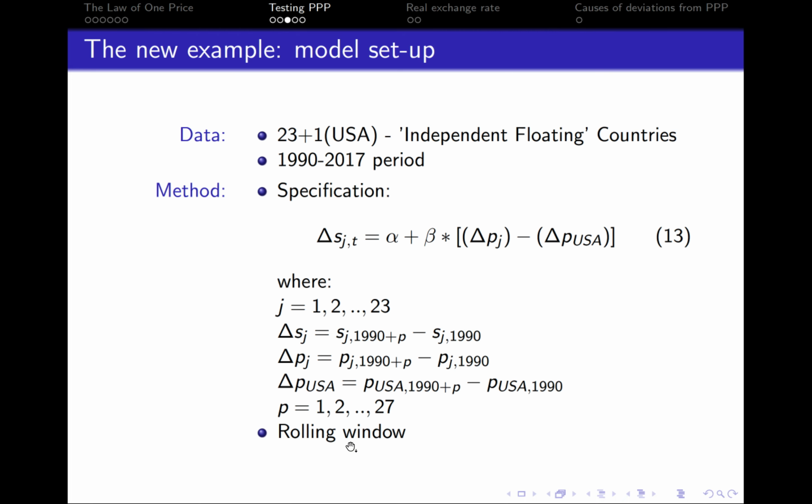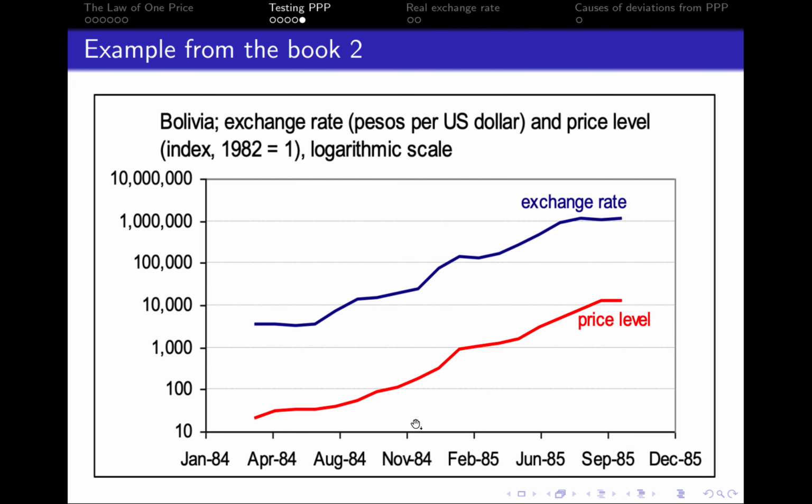And this is exactly what we see on this graph. Here is the price level. This is a logarithmic scale, so you can read the growth rate of inflation from the slope, and you see how fast it was going. This is the price level in logarithms in Bolivia, and this is pesos per United States dollar.